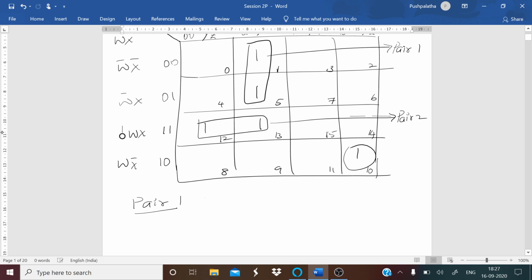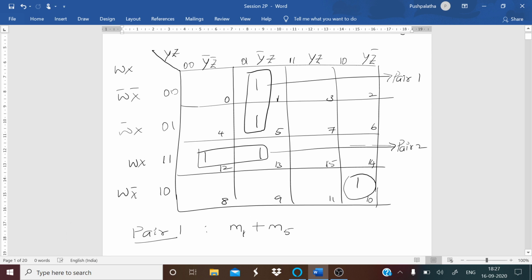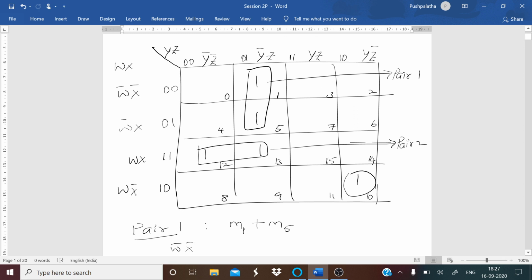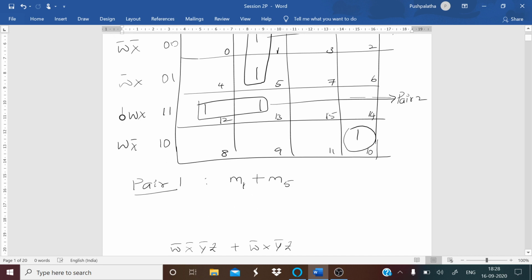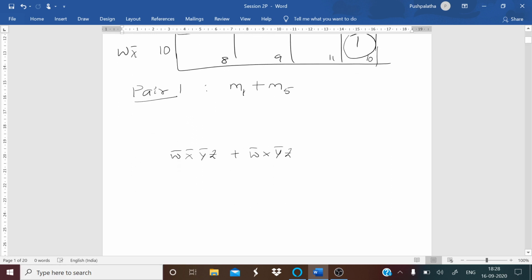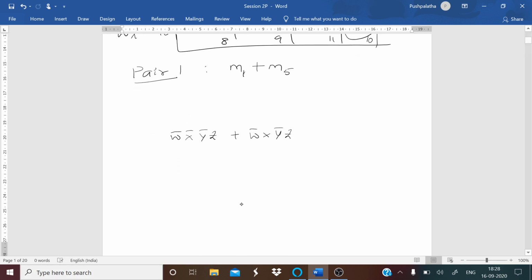Which is your pair 1? Pair 1 is M1 plus M5. So what is your M1? The variables in M1 are W bar, X bar, Y bar, Z, plus M5 is W bar, X, Y bar and Z. So which are the common terms in this now? As we said, repeat only those terms. I'm just writing it once again.